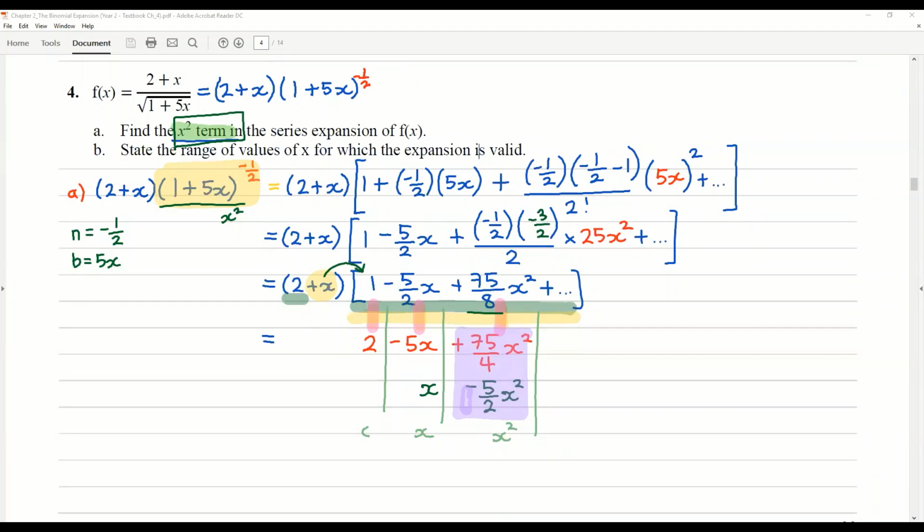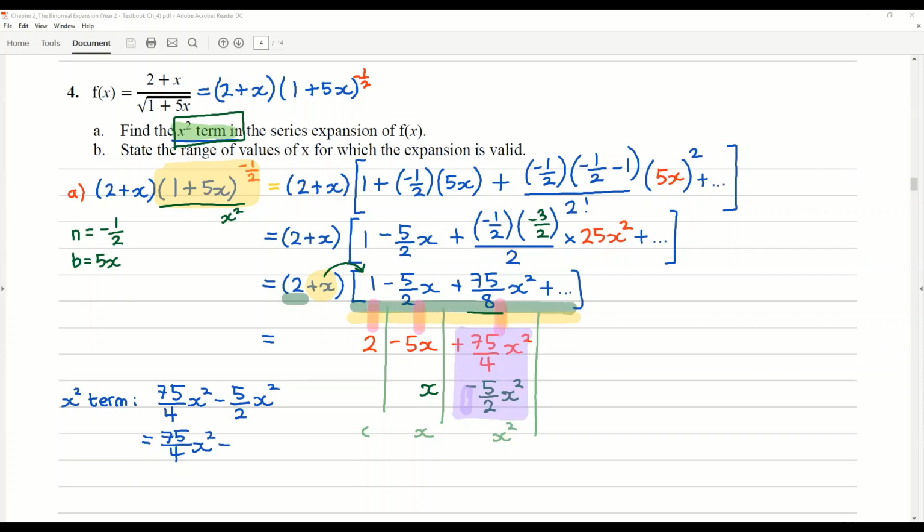So for part A, just to finish off, the x squared term is going to be 75 over 4 x squared subtract 5 over 2 x squared, which equals 75 over 4 x squared.